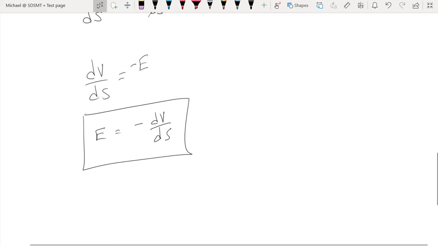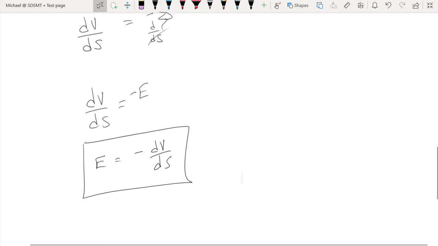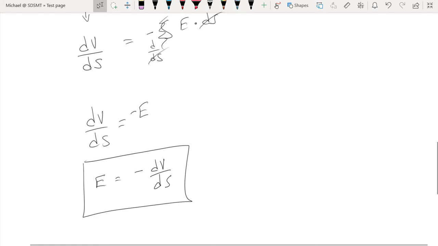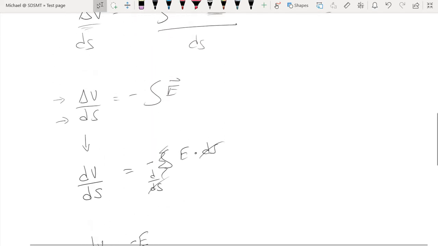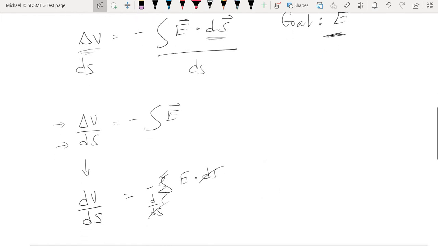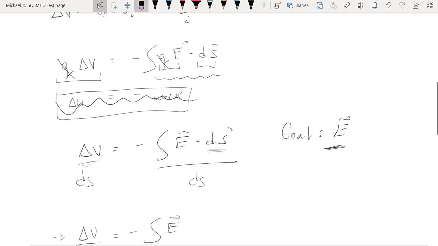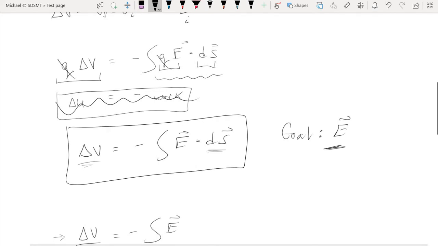The big problem, however, is that any electric potential expression is a scalar. Electric field has to be a vector. When we started with this expression, we performed a dot product that brought us over to a scalar representation.